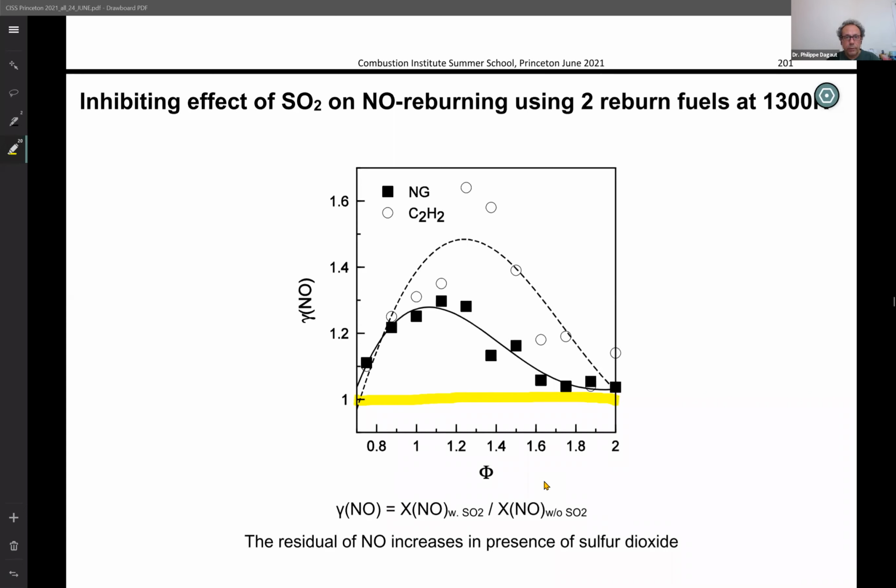As it was mentioned, the N2O route and the three-body mechanism occur at elevated pressure. So could you explain how the NO formation rate depends on the pressure and activation energy?